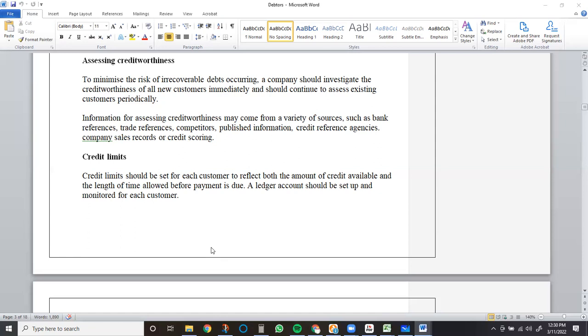If customer X comes in and buys some more goods on credit, that must be reflected as well. If customer X comes and pays off his balance, that would also be reflected. So there will be one maintained, not necessarily a whole ledger, but maybe a page set up, whether it's electronic or manual, for each customer.